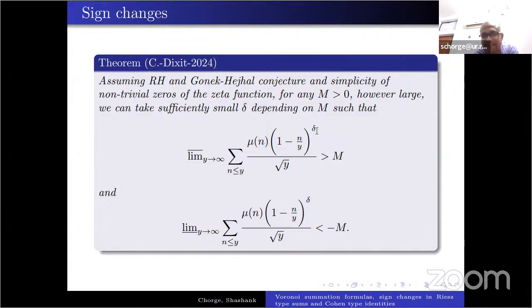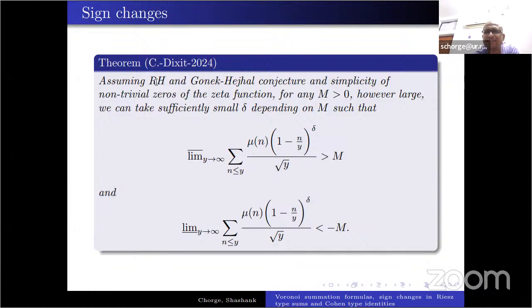Delta is always greater than 0. If we could hypothetically make delta equal to 0, the results we get are very similar to the conjectures for the sum of mu n. But in this case, of course, we can't make delta equal to 0.